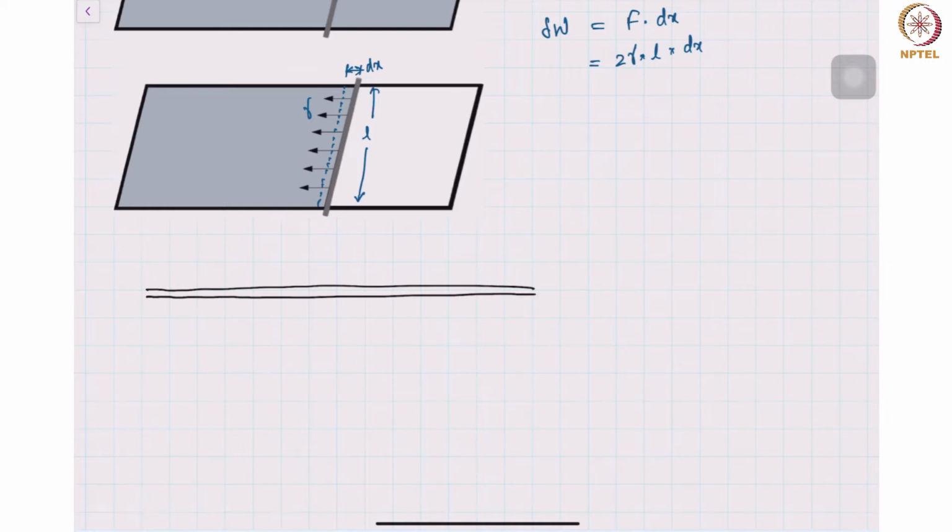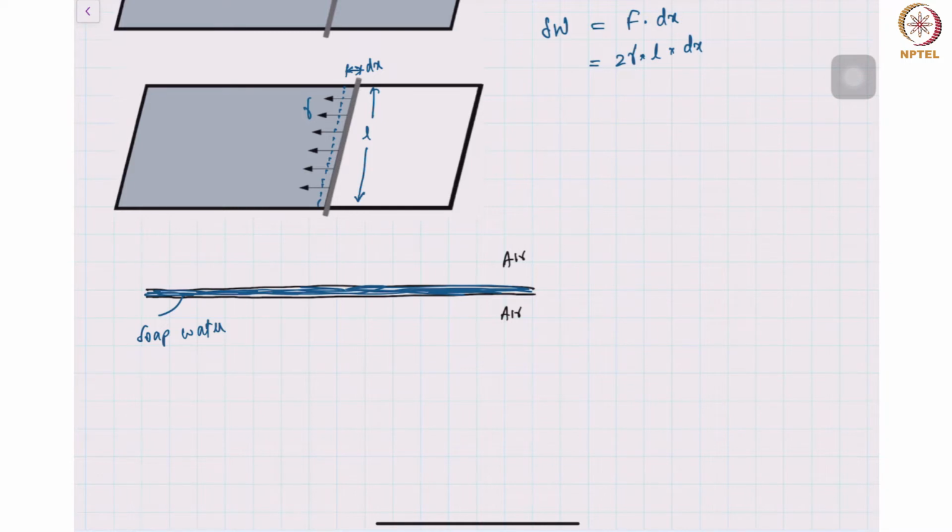We have air above and air below, and in the middle region, what you have is soap water.